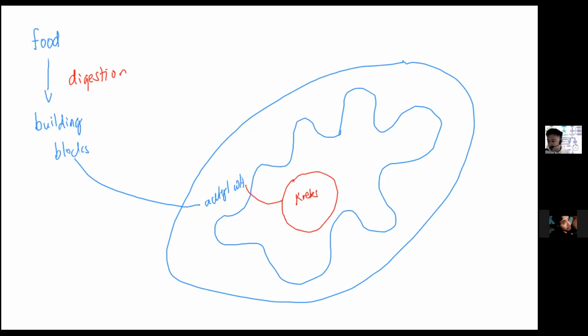It produces 2 CO2, 3 NADH, 1 FADH2, and 1 ATP. So the NADH and the FADH2 will proceed to the electron transport chain. What happens in the ETC, class? They will pump hydrogen ions.